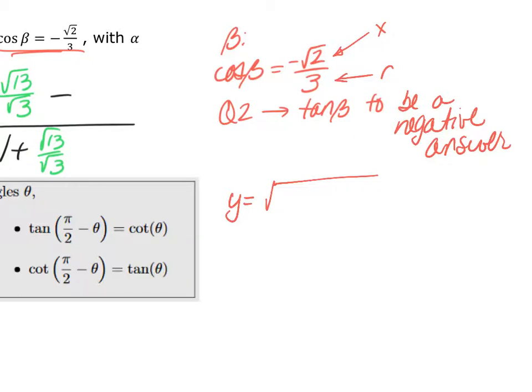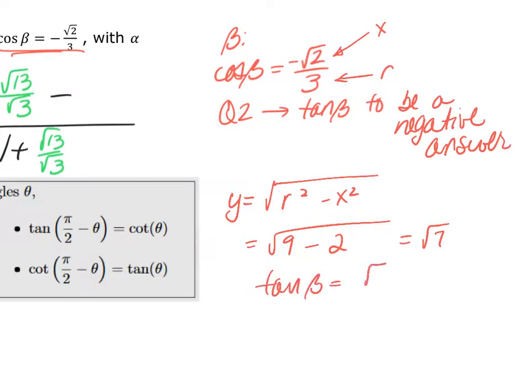So y is positive, so I don't have to worry about that part. R squared minus x squared. So this is equal to 9 minus 2, which is equal to the square root of 7. The tangent of beta then is equal to the square root of 7 over the negative square root of 2.